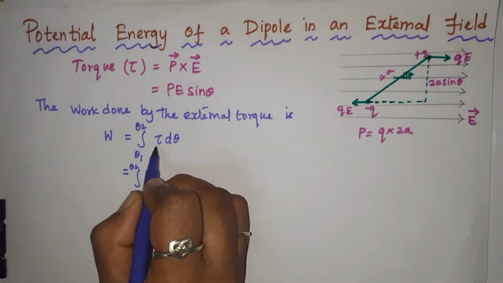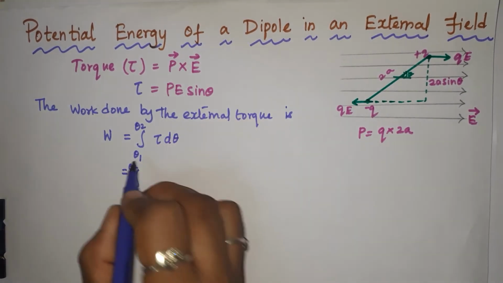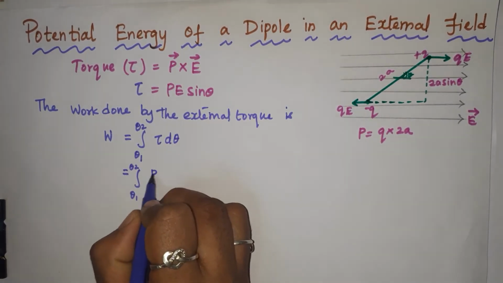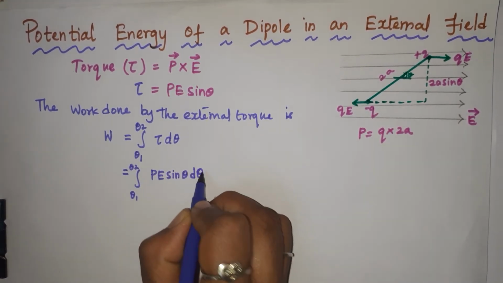What is tau? We found tau is equal to PE sin theta. So instead of tau, I write PE sin theta into d theta.